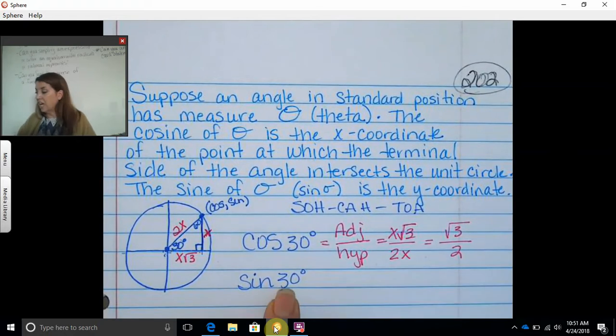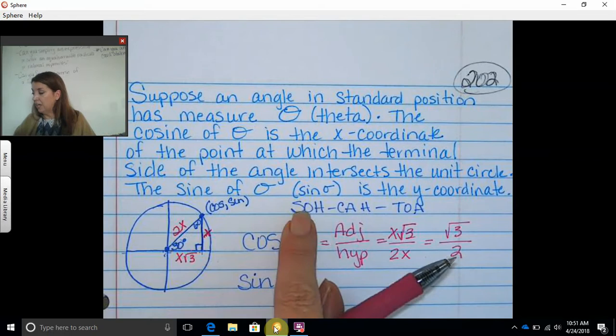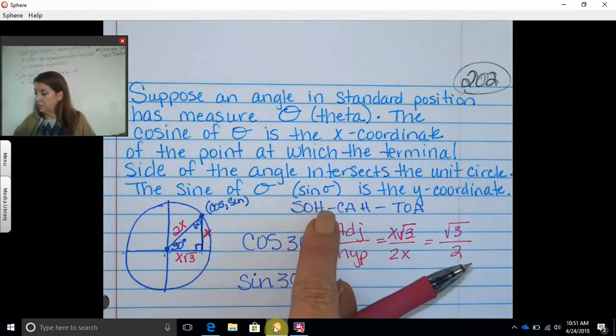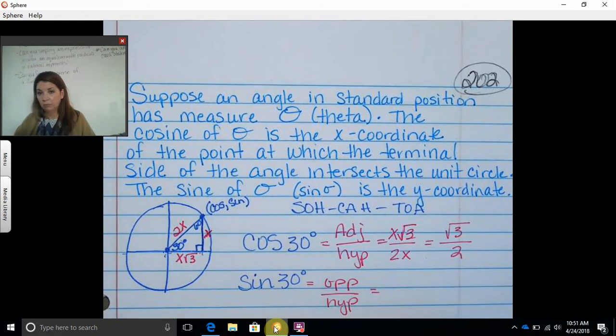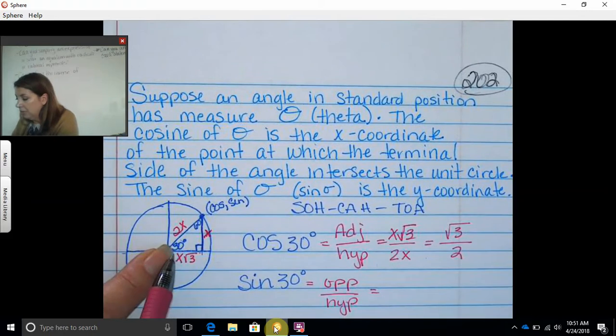Now I'm going to find the sine of theta. I'm referring to 30 degrees, so that's my theta. So for sine, I do opposite over hypotenuse. I'm talking about the 30-degree angle. What leg is opposite of the 30-degree angle? x.